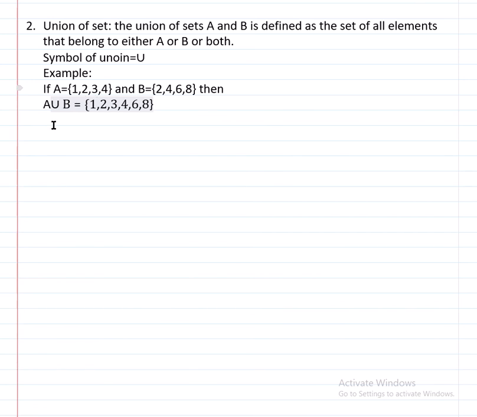When we join them together, then we can say that A is a subset of A union B. B is a subset of A union B. Okay, because its element belongs to A, element belongs to A union B. And we can also say that A union B is a universal set.